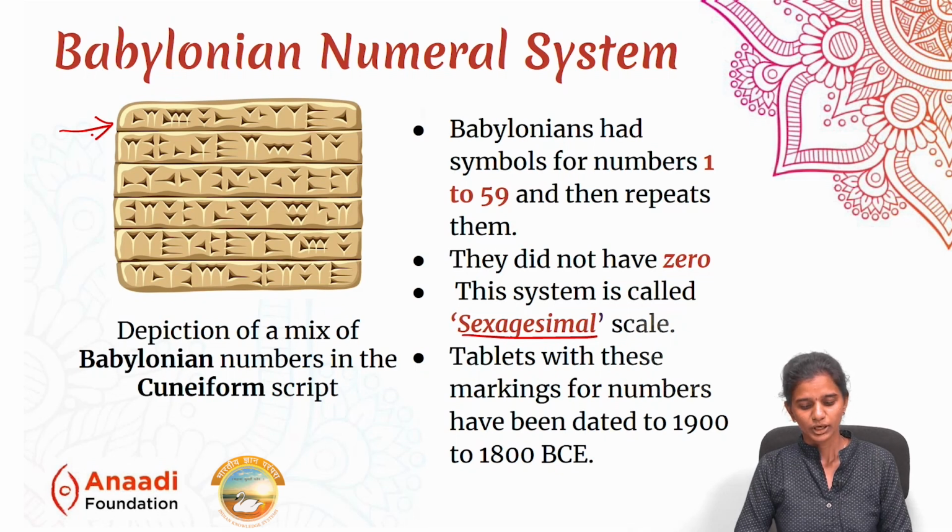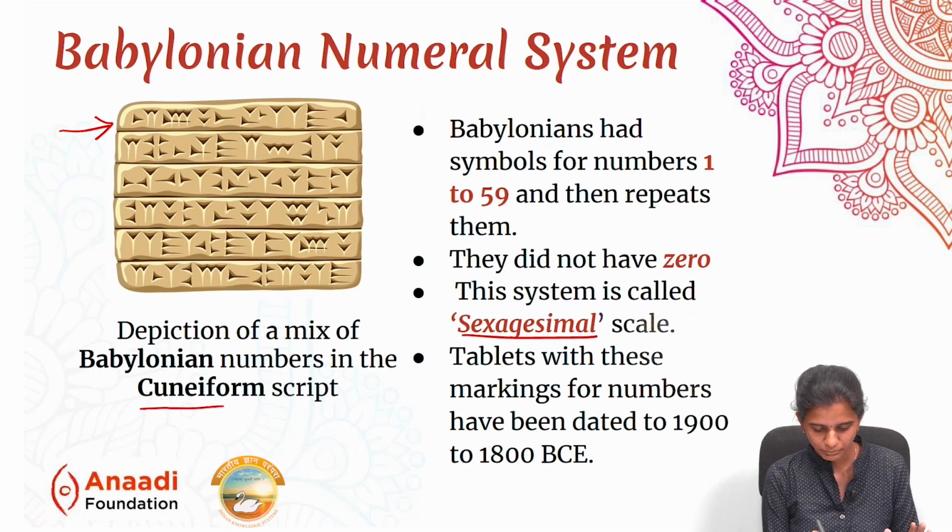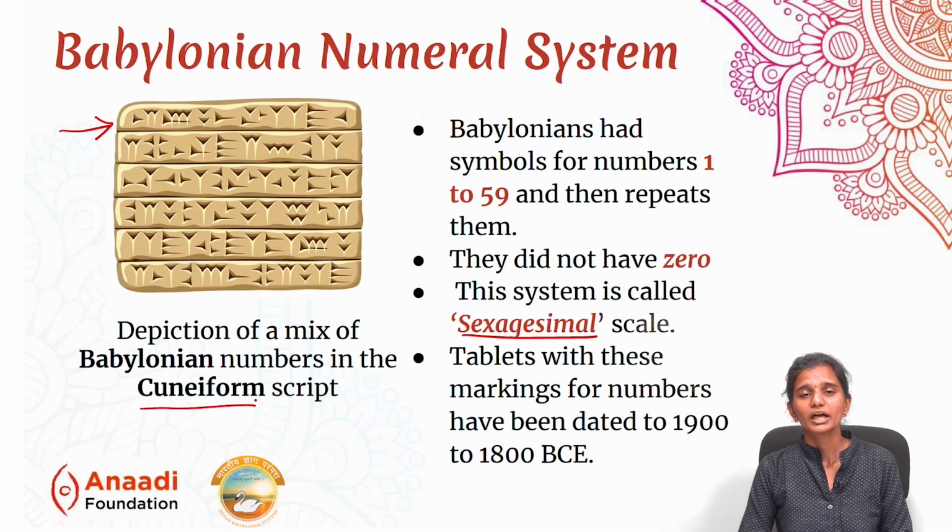Babylonian numerals were written in the cuneiform script. They used a wedge-tipped reed as their stylus. They made a mark on a soft clay tablet like this, which would be exposed in the sun to harden and create a permanent record.